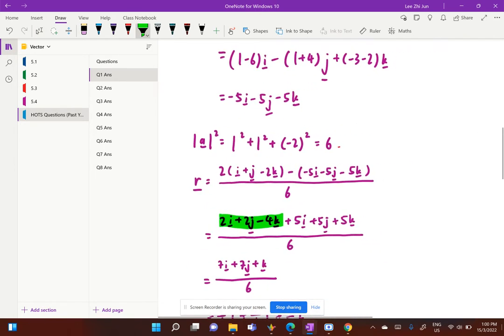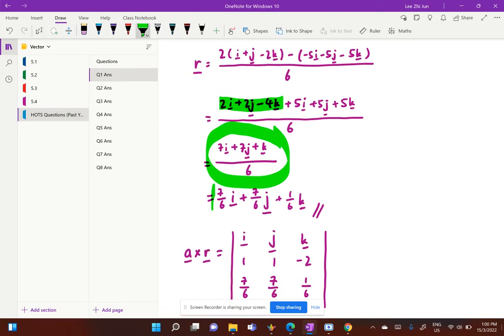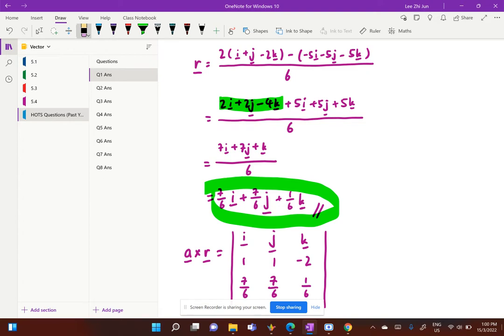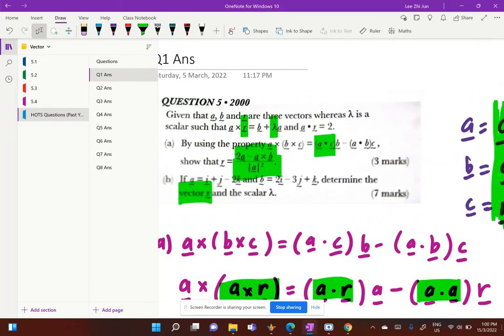So R, I combine all of it, and I will get 7i plus 7j plus k, divided by 6. I can separate them, which is easier to see. Okay, now I have found R, so I need to find the lambda.